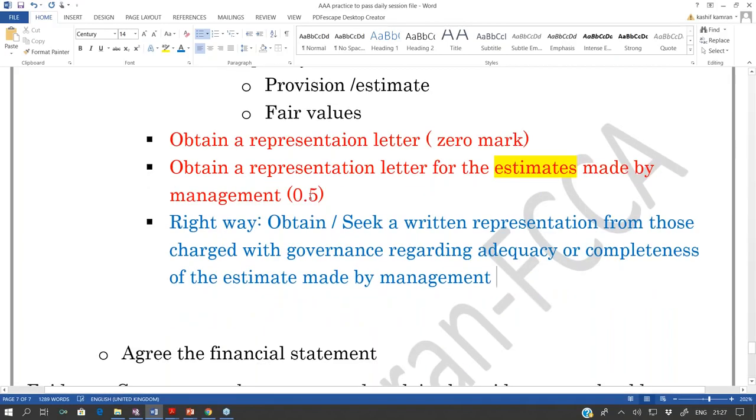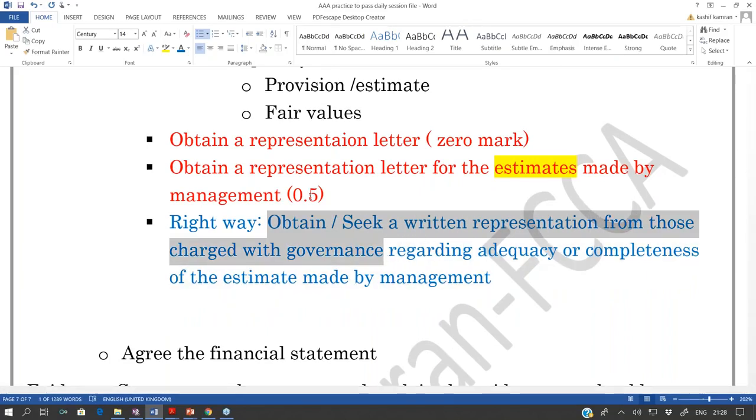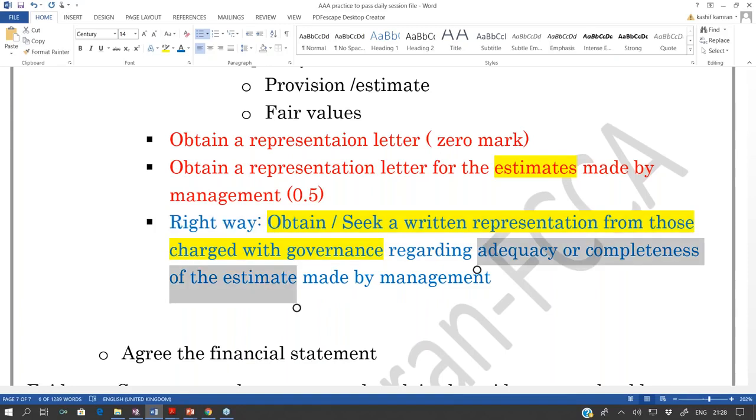See, can you see "obtain or seek a representation from those charged with governance"? And can you see the reason? Adequacy or completeness of the estimate. Why am I taking the representation letter? I'm not just taking a representation letter for the estimate, rather I'm taking it for the completeness and adequacy of the estimate, because the estimate may be understated.